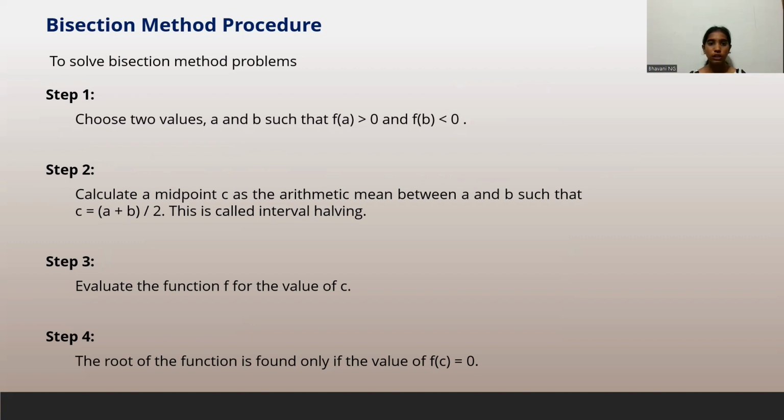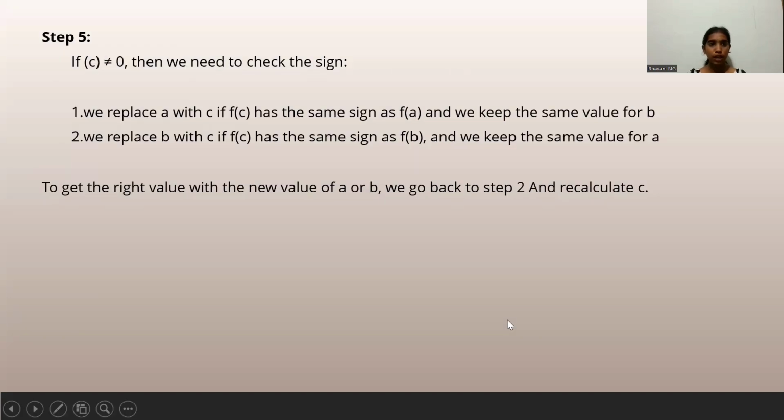This is called interval halving. Step 3: evaluate the function f for the value of c. Step 4: the root of the function is found only if the value of f(c) is equal to 0. Step 5: if f(c) is not equal to 0, then we need to check the sign.